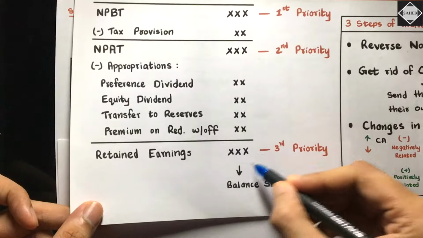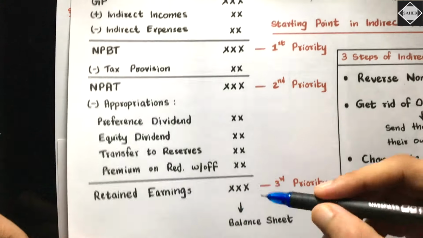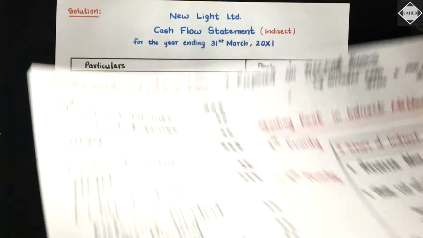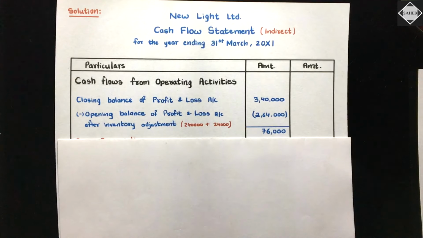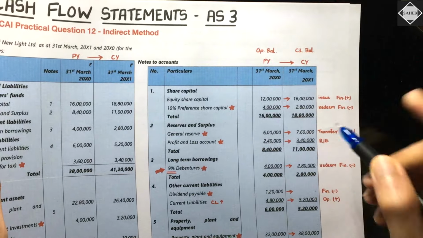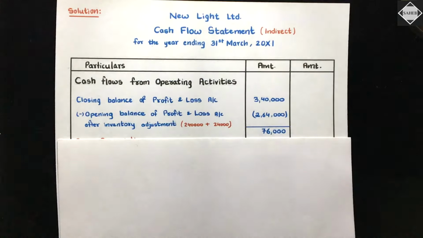You have found this profit after all adjustments, then you have to reverse all appropriations, isn't it? So what appropriation? Is there any dividend declared? No, there has been no dividend declared in the current year, but we have made a transfer to general reserve. In general reserve, from 6 lakh it has become 7,60,000. A 1,60,000 transfer has happened.